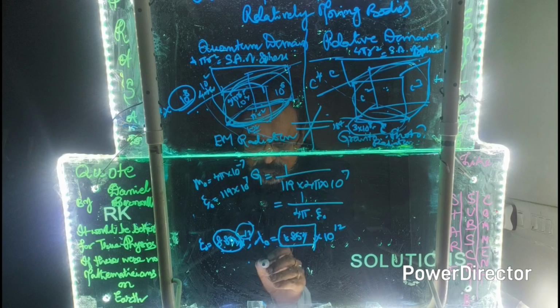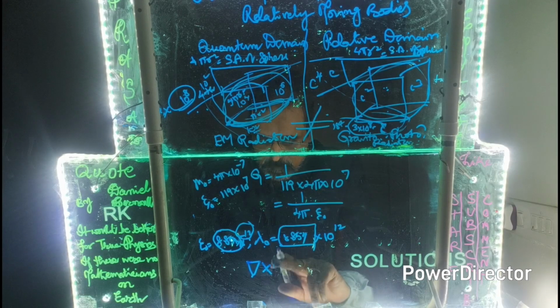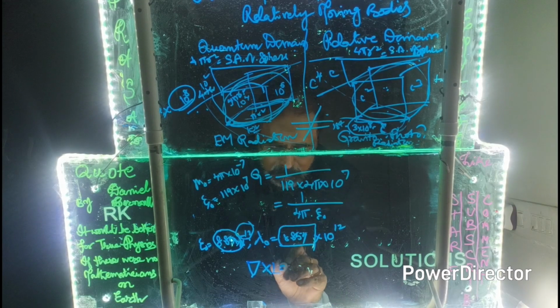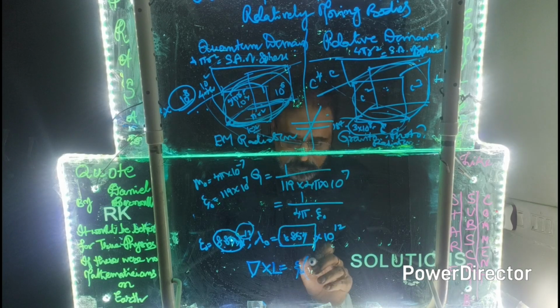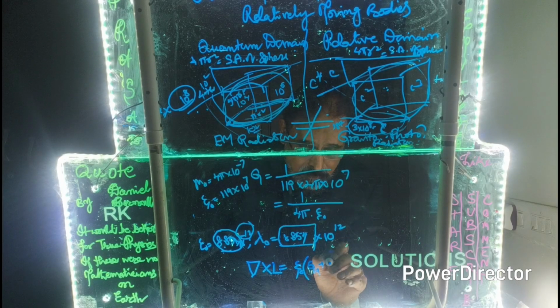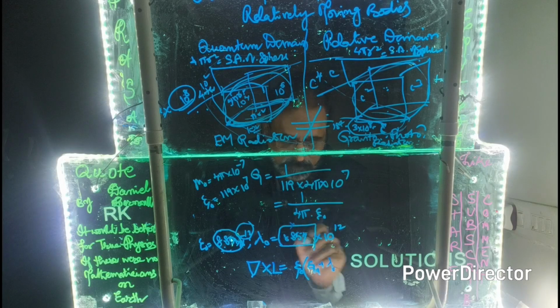So the last equation will be L, luminosity, is equal to xi naught, I am sure, into gravitational density plus lambda naught. I am not very sure about this particular value.